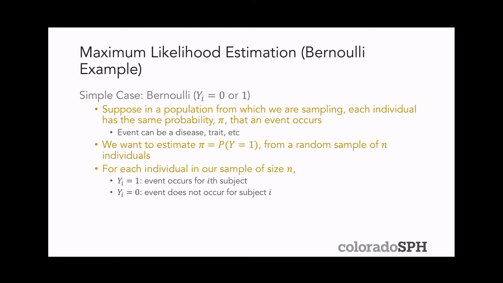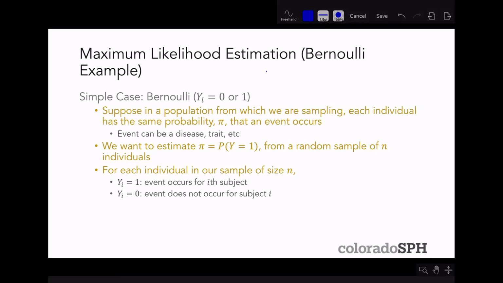So I'm going to calculate the MLE using a Bernoulli example. In this case, you have random variables yi, and we have a population. So we're going to have y1 to yn. Each yi can take on the value either of 0 or 1. And the probability of y equals 1 is denoted pi. And that represents the probability that some event occurs. It can be like a disease, a genetic trait, or something like that.